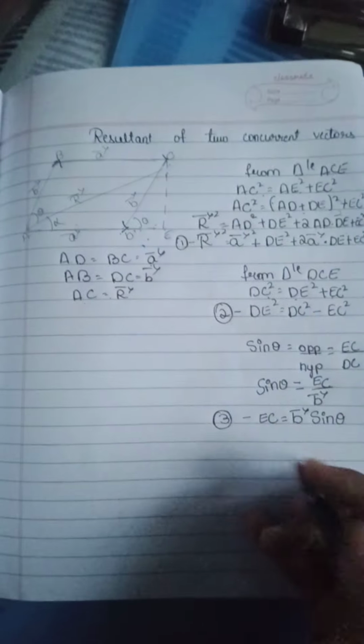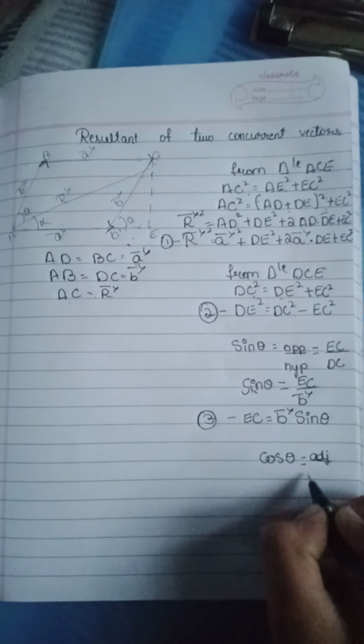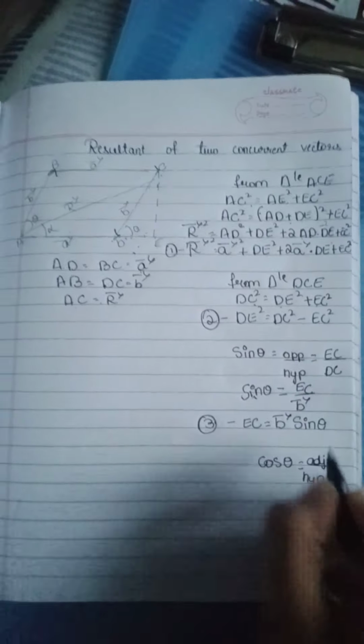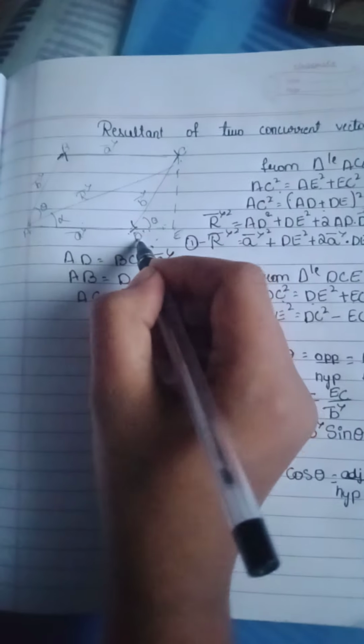Let's take it as equation 3. Next we take cos theta, which is equals to adjacent by hypotenuse. Adjacent is DE, hypotenuse is DC.